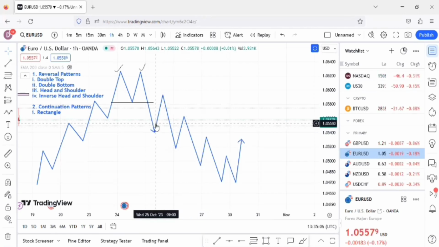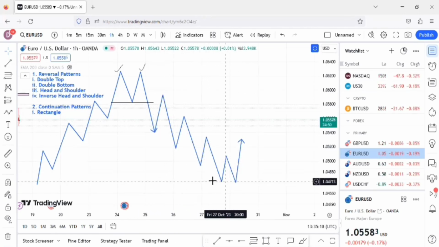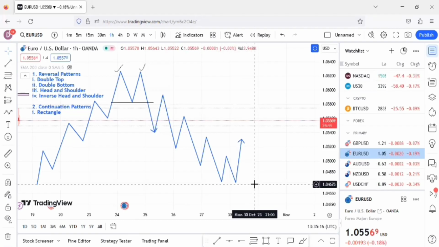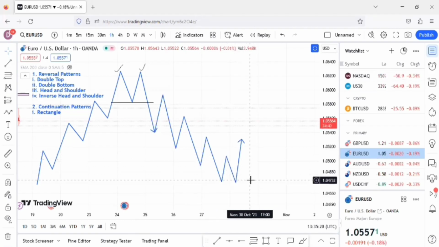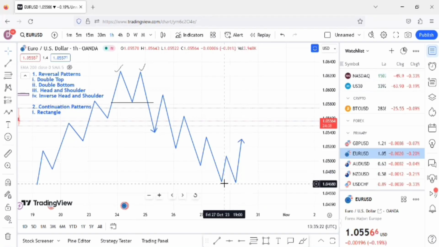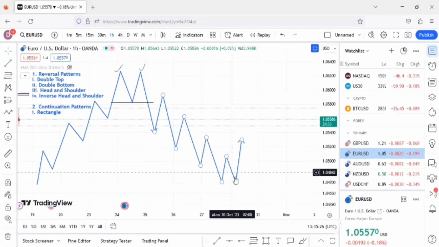So the moment you are making a lower low, lower high, lower low, lower high, and it gets to a point where you couldn't make a lower low again, and you have an equal low, then we call that pattern a double bottom, and that signals to you that the trend is about to reverse.